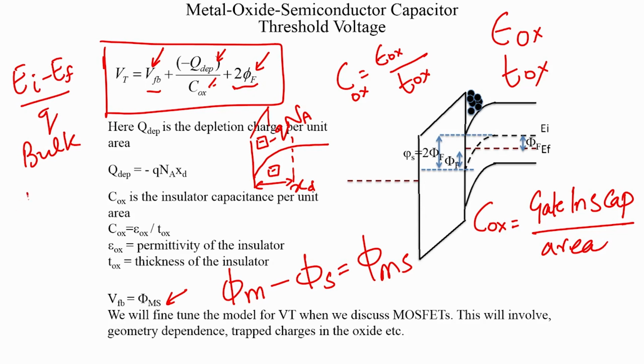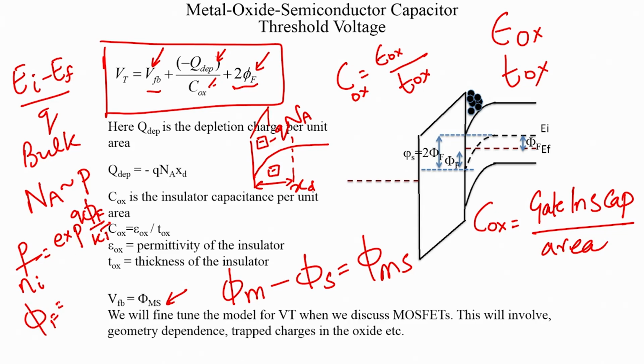So, if you know the doping concentration, if you know Na, you can say Na is approximately your P, and P by Ni is equal to the exponential of Q phi f by kT, and therefore, phi f is nothing but kT by Q into logarithm of Na by Ni. So, that is your phi f, and we have already done these kind of calculations before. So, if you know the doping concentration, you know the intrinsic carrier concentration, you know what phi f is. Okay. So, this is the threshold voltage.